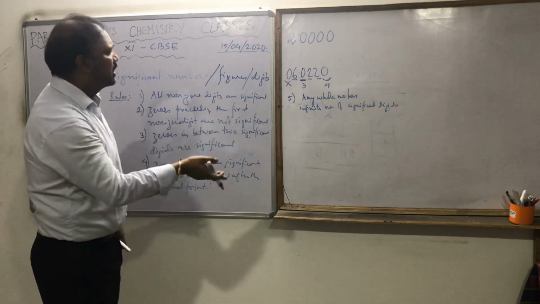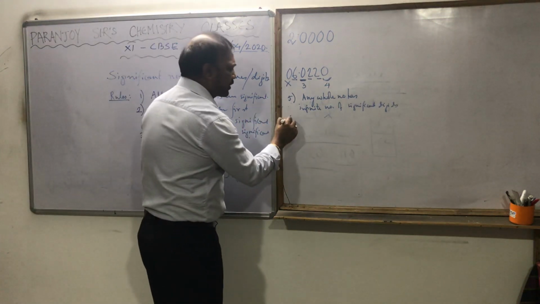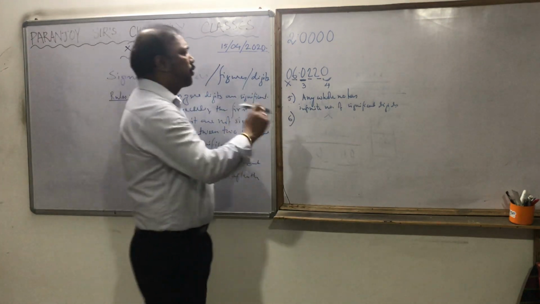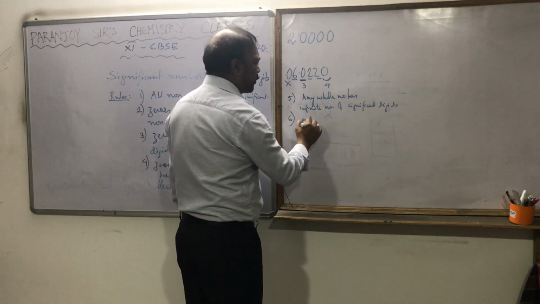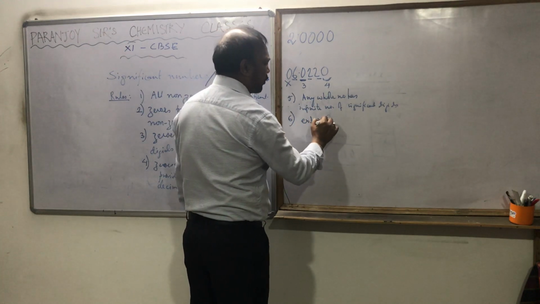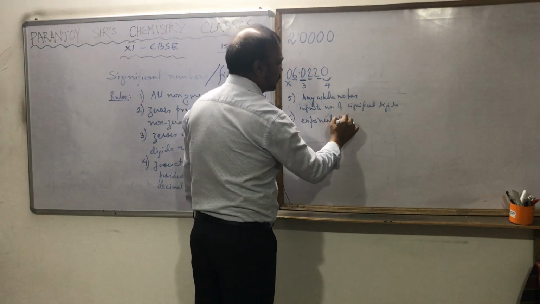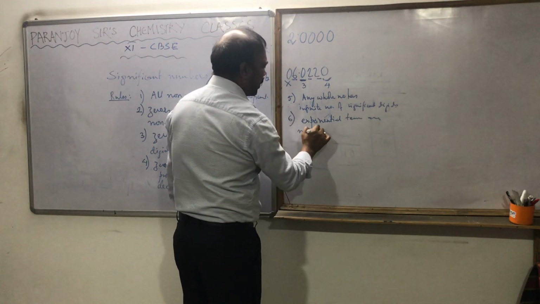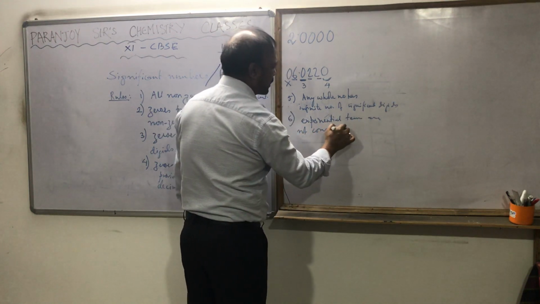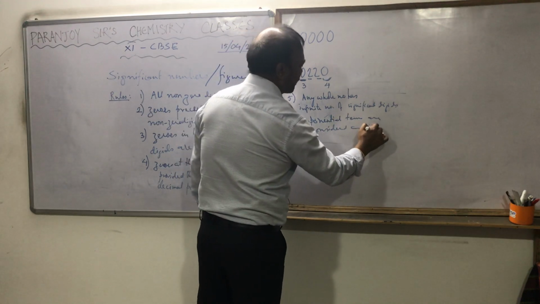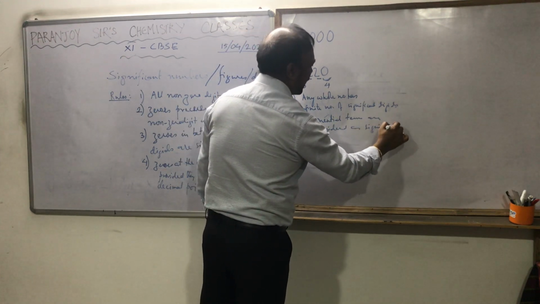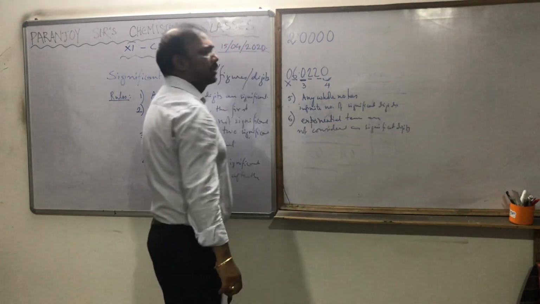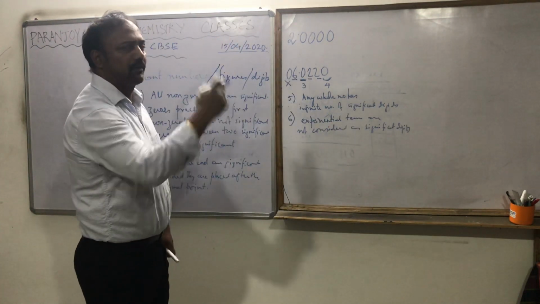Clear? And the last rule in the set is that the exponential terms are not considered as significant digits. What are exponential terms? 10 to the power.